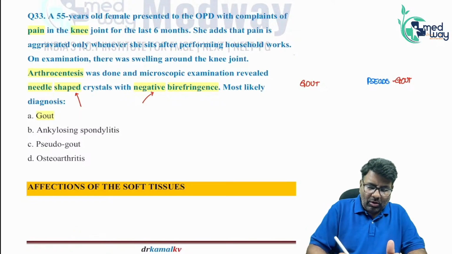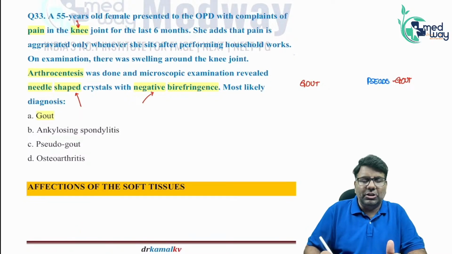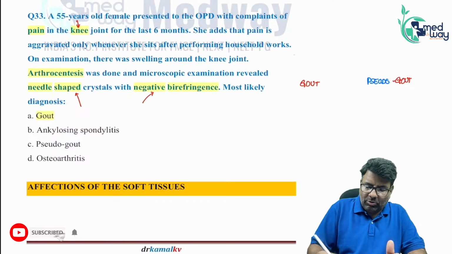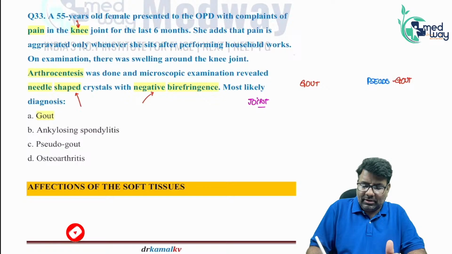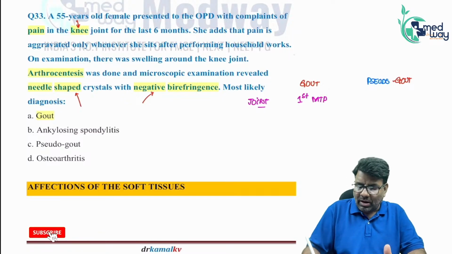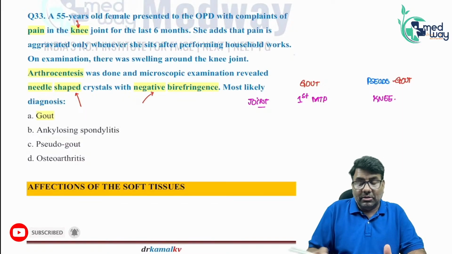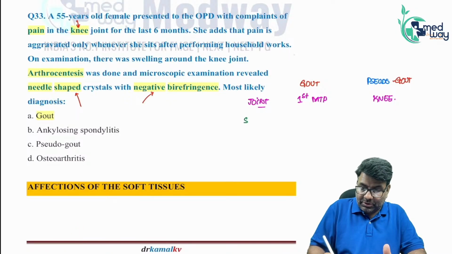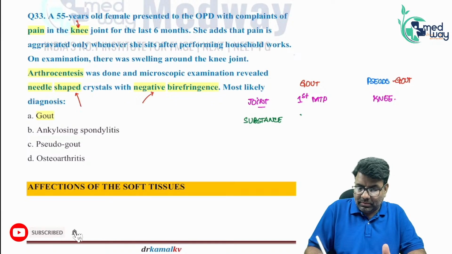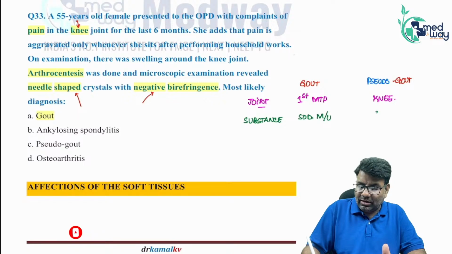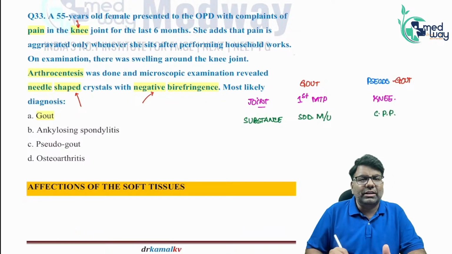One thing here that is confusing is the knee joint, because if we discuss the joint involved, it is the first metatarsophalangeal joint in gout, and pseudo gout usually involves the knee joint. Then second is the substance which gets deposited here. This is sodium monourate, and here there is calcium pyrophosphate.